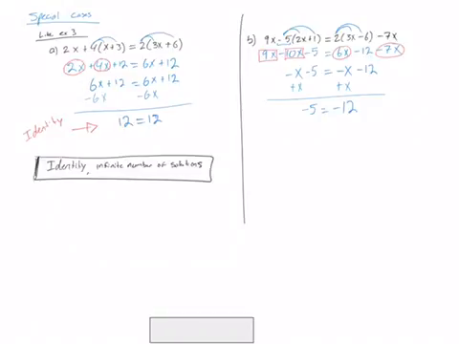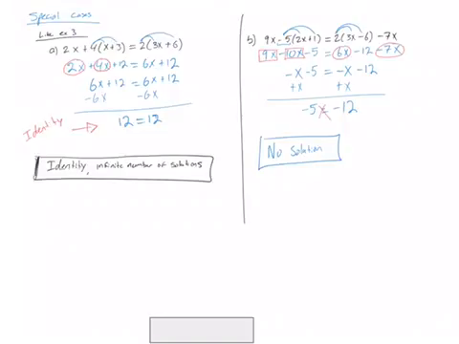Well, it's a trick question because negative 5 never equals negative 12. They're not the same. They're never true. This is not equal. So, an answer like this, you would say no solution. No solution. No matter what number you plug into these x's, it will never come out to be true.